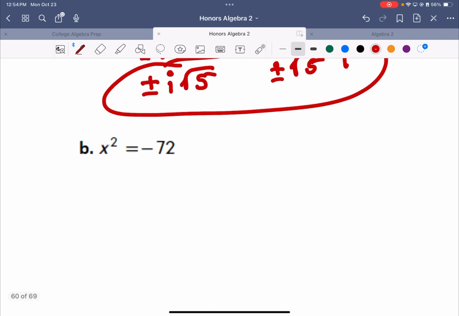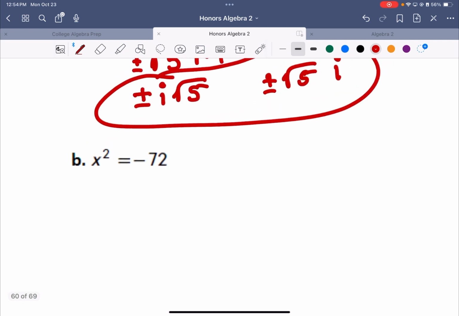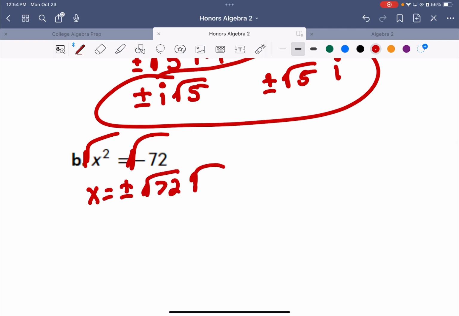Okay. So if we have this x squared equals -72, we take the square root of both sides. So plus or minus the square root of 72 times the square root of -1.